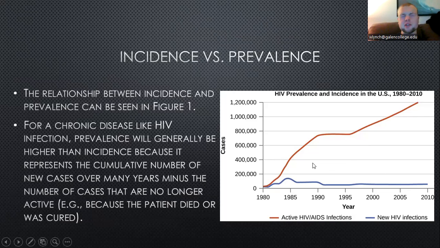The prevalence, however, is going to continue to rise as long as there are new infections. So for a chronic disease like HIV, the prevalence is generally going to be higher over time because it's representative of the total number of cases that happen over many years of that disease. Whereas the incidence is simply happening over the previous year, and then it restarts at the beginning of the next year.